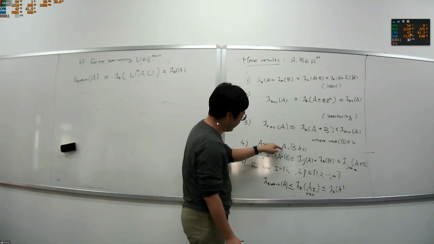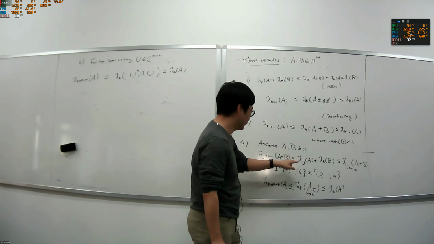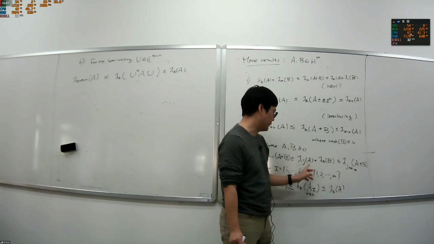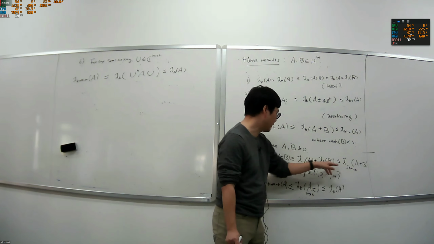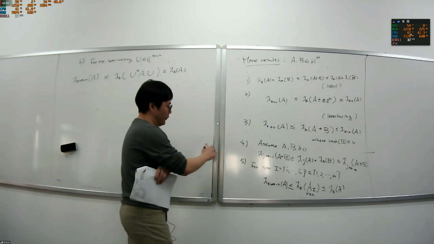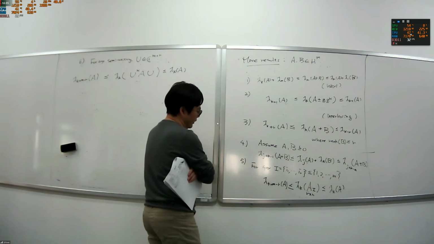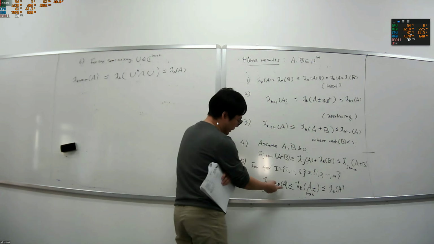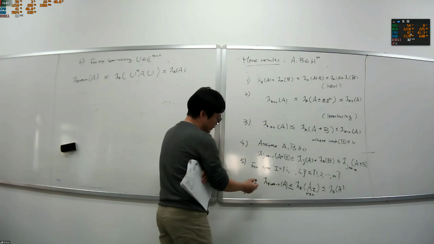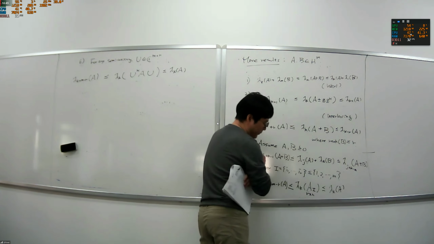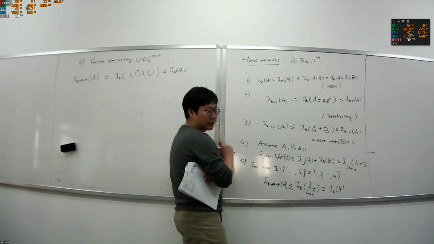And this one, if A and B are PSD, then we can consider arbitrary j and k, any 2 eigenvalues, and we can get their upper and lower bounds from the eigenvalues of A plus B. And this one says that if you take the principal submatrix, then its eigenvalue is always non-increasing.